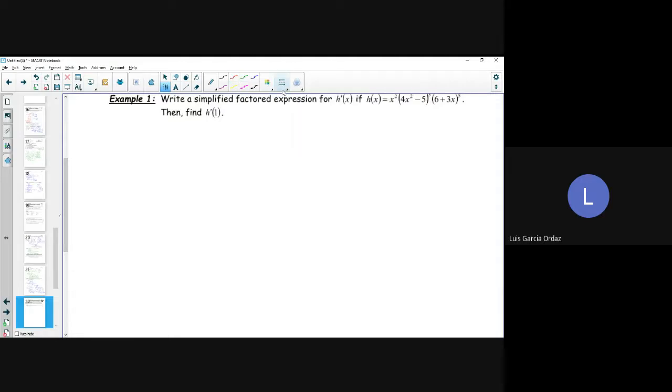So, for example 1, we want to write a simplified expression for the derivative of h of x, if h of x is equal to x squared times (4x squared minus 5) cubed times (6 plus 3x) all to the power of 5. Then we want to find h prime at 1.